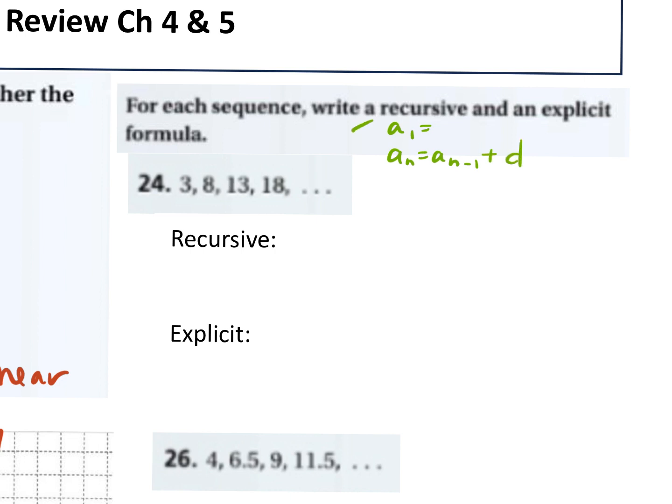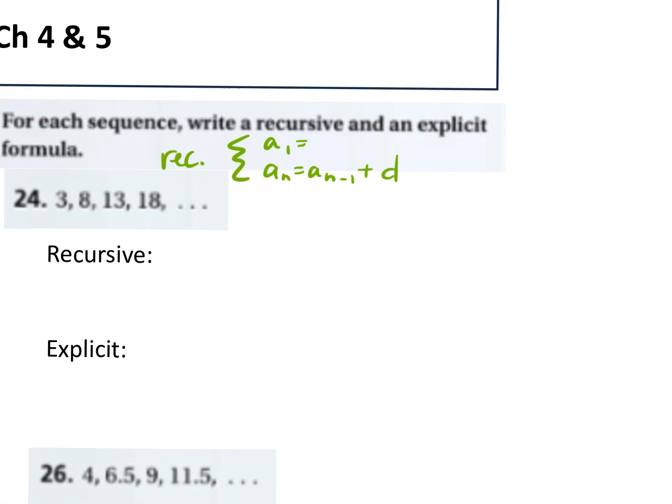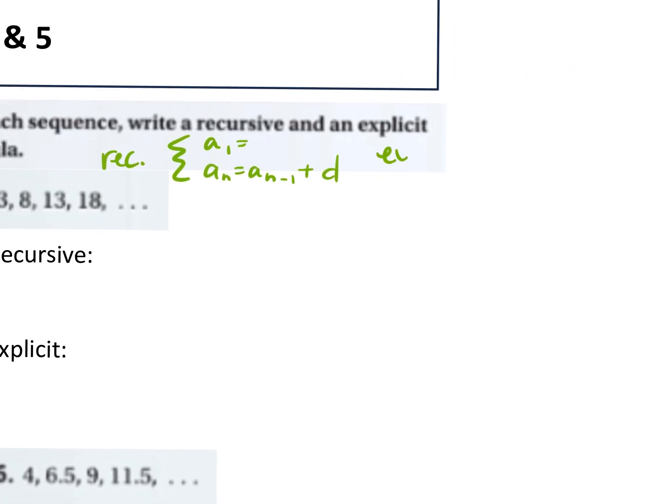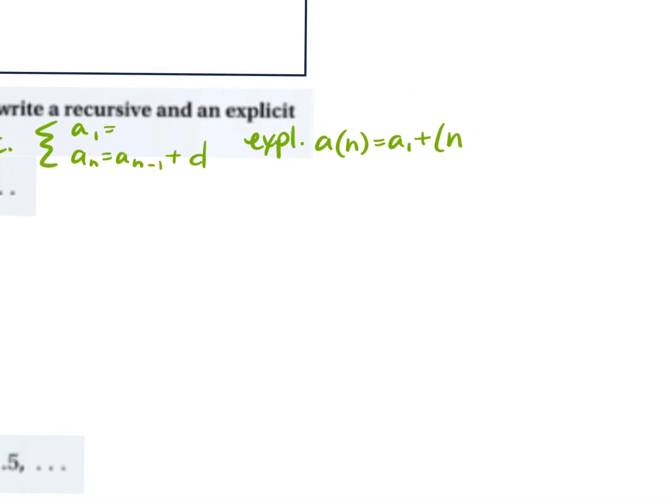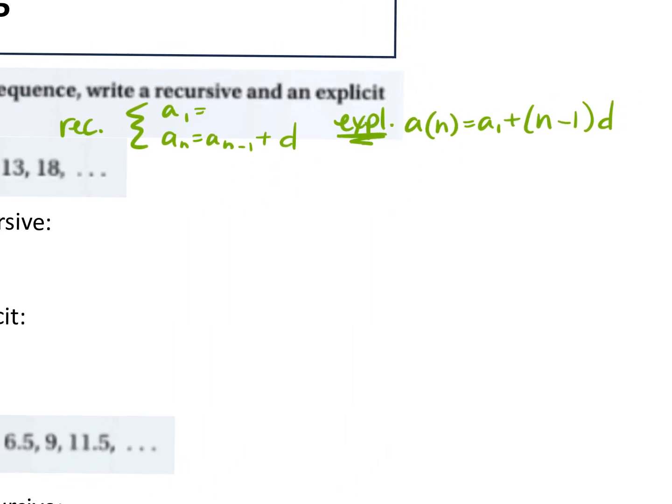Okay, so that's just the general form for a recursive. The explicit general form is a of n equals a sub 1 plus n minus 1 times the common difference. Okay, so you have your recursive, you have your explicit.